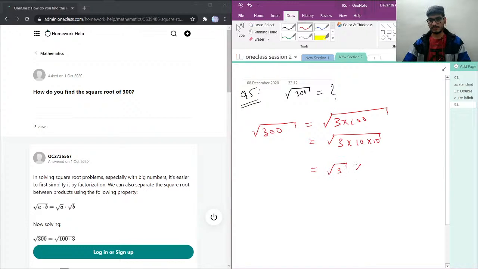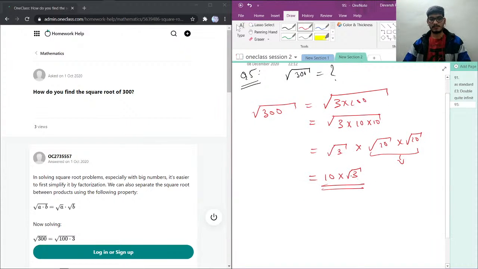I can just separate them. So I have this pair, this can come out of the square root. Now this is the simplest possible radical form, as we cannot split 3 into further prime numbers.